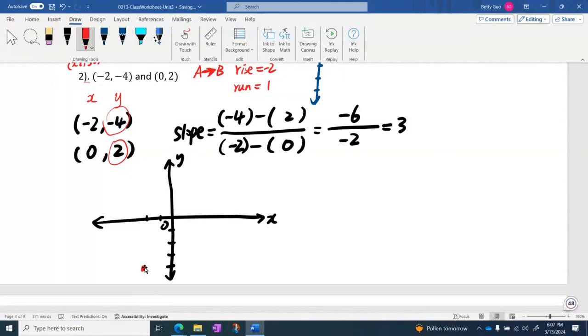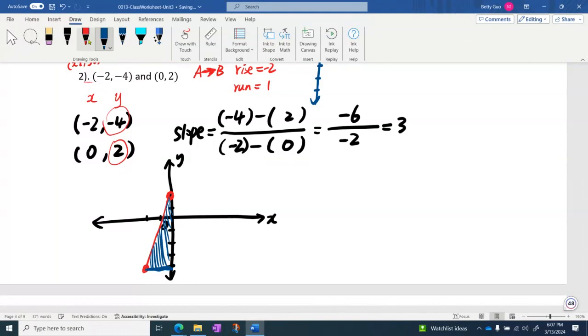The second point is 0, 2. Remember, how do we use the graphing method to find the slope? We connect the 2 points, and then we construct a right angle triangle, like this.